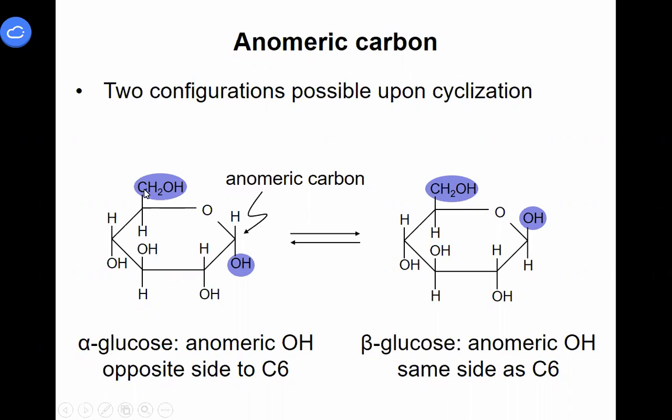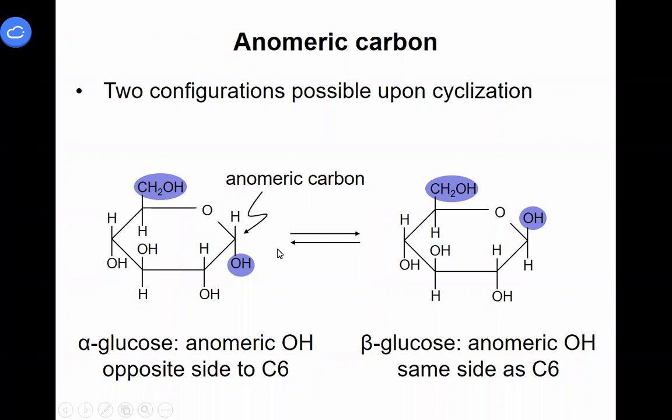And that's carbon 6 up here. So those are opposite sides, that's alpha. And if the OH on that anomeric carbon is on the same side as that highest numbered carbon, then we call that beta. And just to reiterate, beta and same start with consonants, and alpha and opposite start with vowels, and that's an easy way, perhaps, to remember.